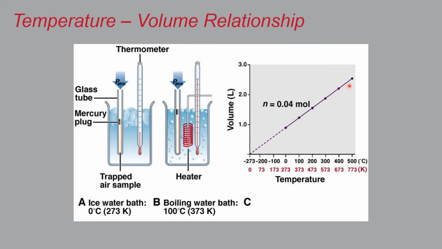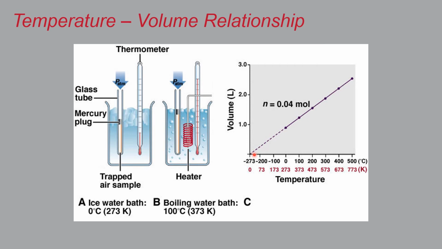That, as you cool this thing down, the volume is getting smaller and smaller, and people thought to themselves, well, what if we just continued this straight line all the way down to where the volume is in fact 0? And we will call that the lowest possible temperature, because nothing can have a volume less than 0. And this was the beginnings of the absolute temperature scale.